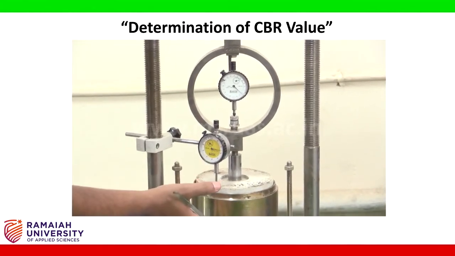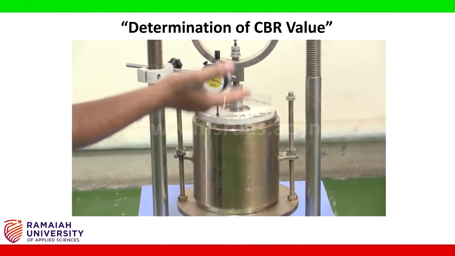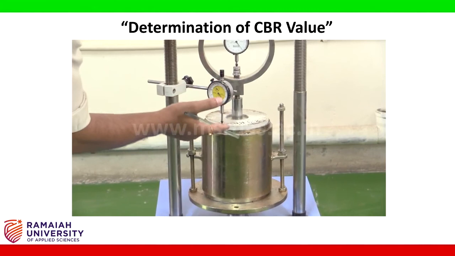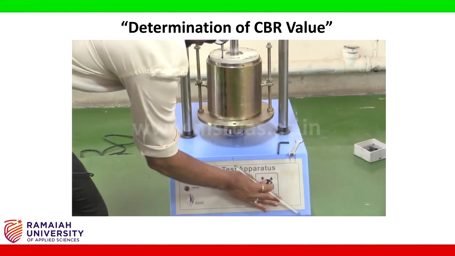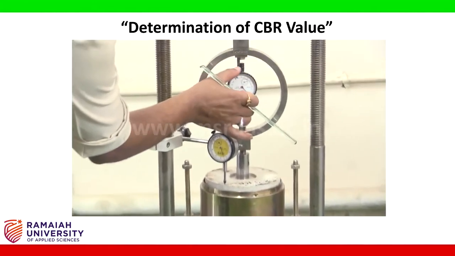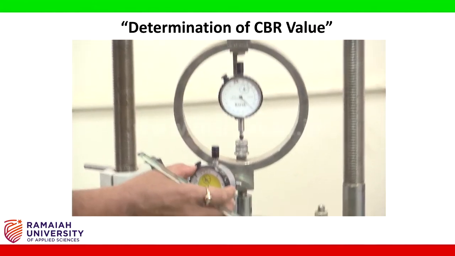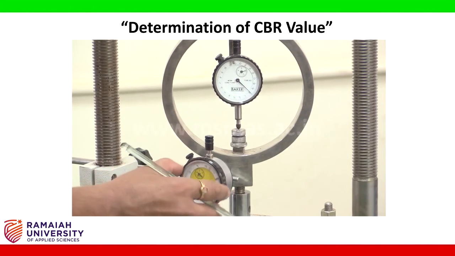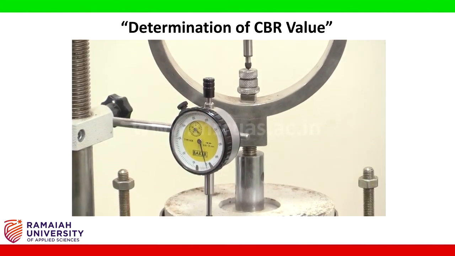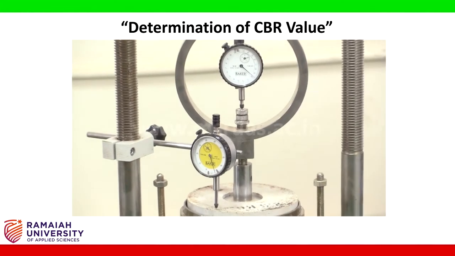Apply a seating load of approximately 4 kilos on the specimen. Once it is done, switch off the knob, turn the dial gauges to 0, and then begin with the testing process.